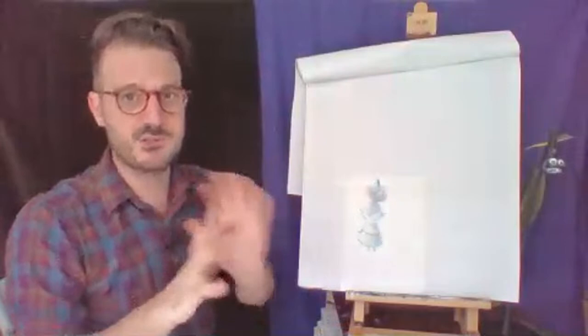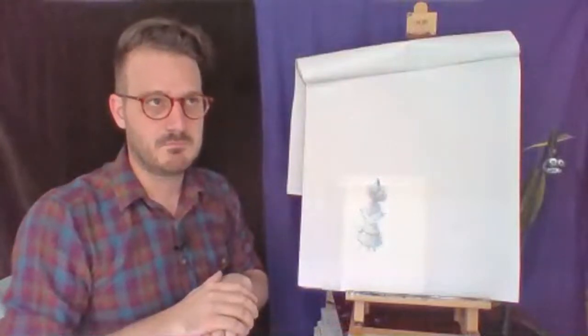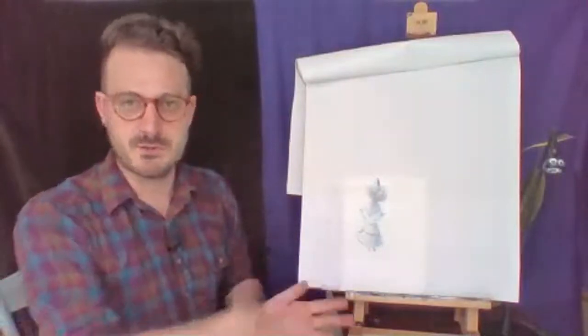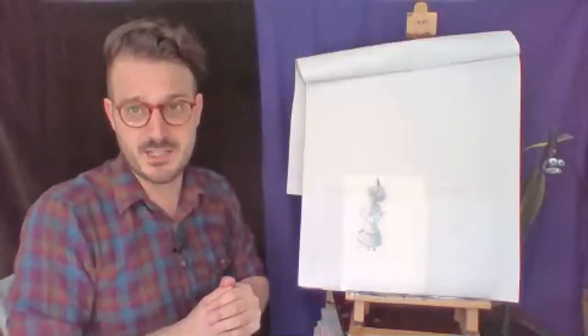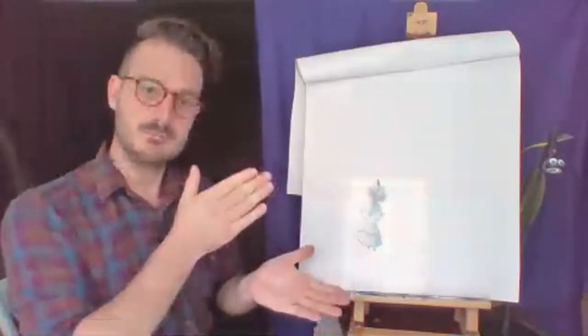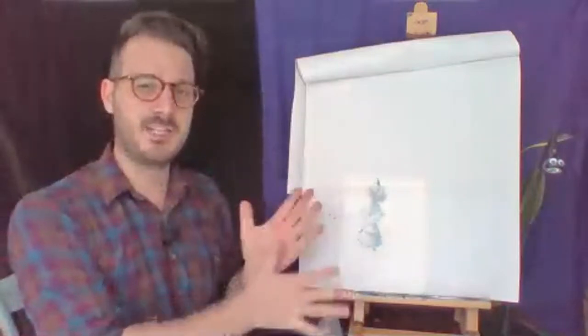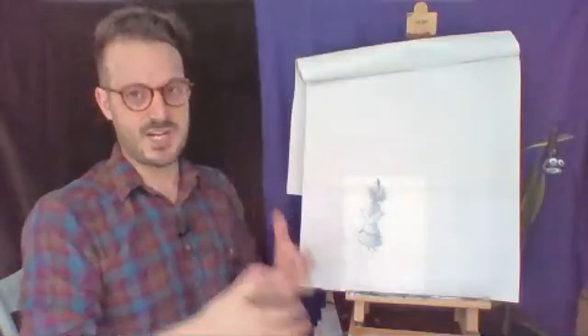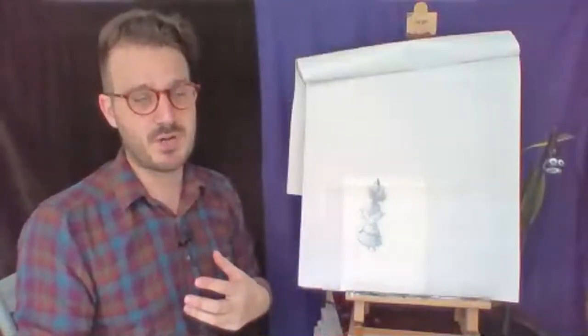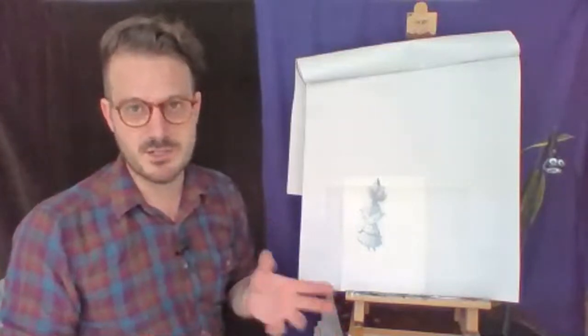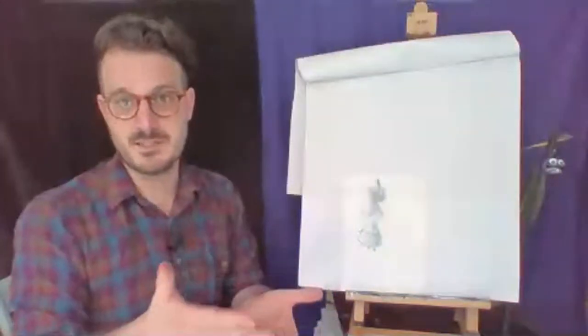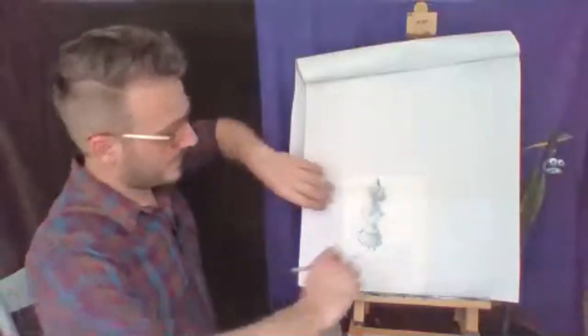I know sometimes people say when you trace stuff, it's cheating, but if it's your own work, it doesn't matter, right? I think it's great because at this point, I'm trying to practice an idea more than I'm trying to practice the actual drawing skill. And it's just going to be easier if I have a very consistent thing going on.